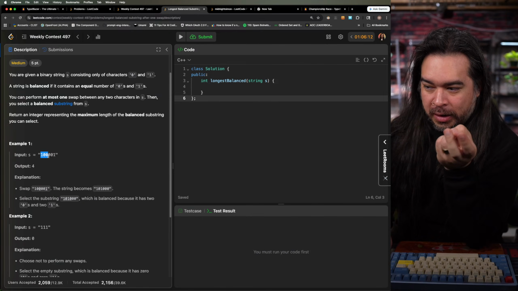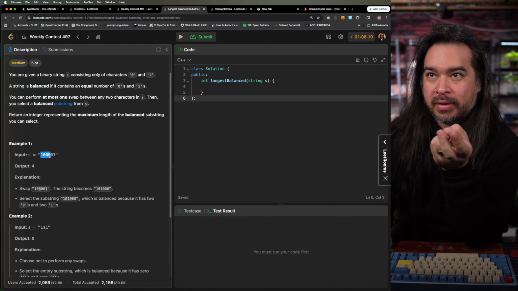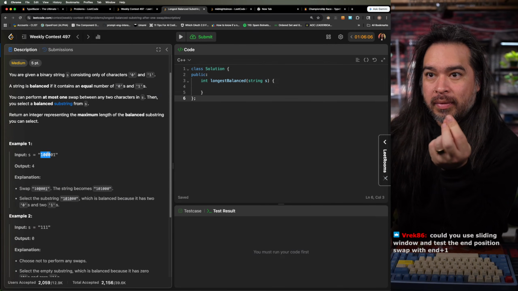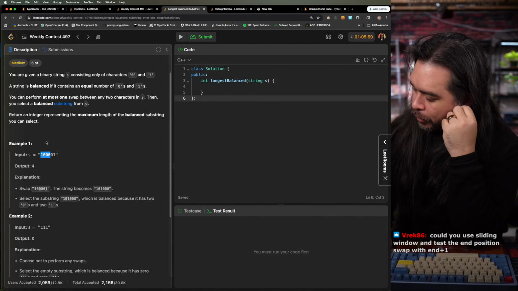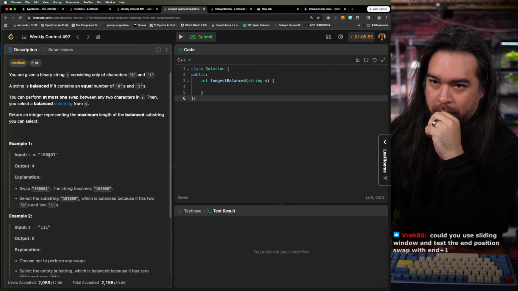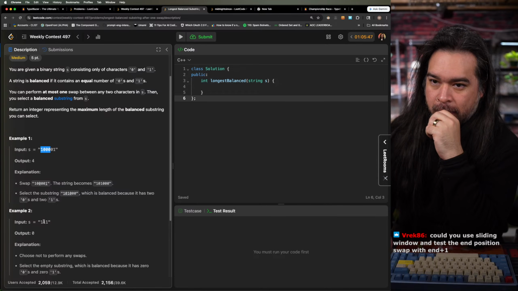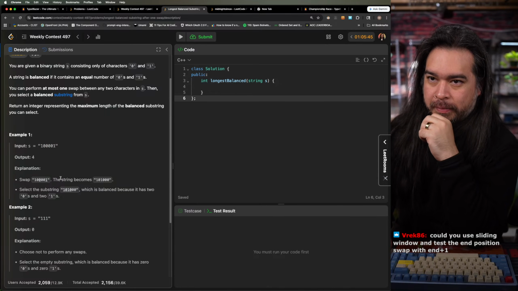You count for a difference of 2, and then you just need to make sure you have an extra thing to swap in there. I don't know.